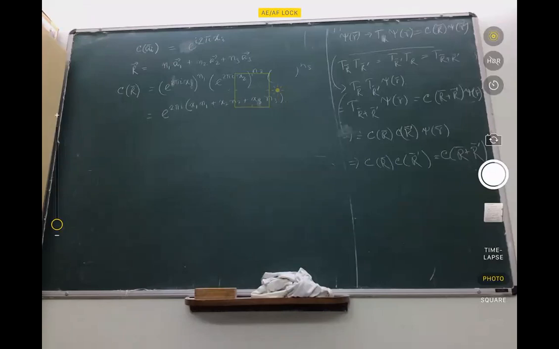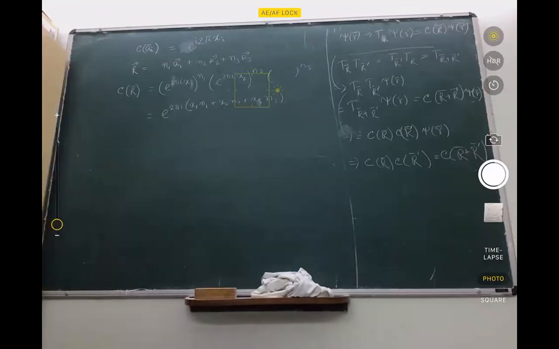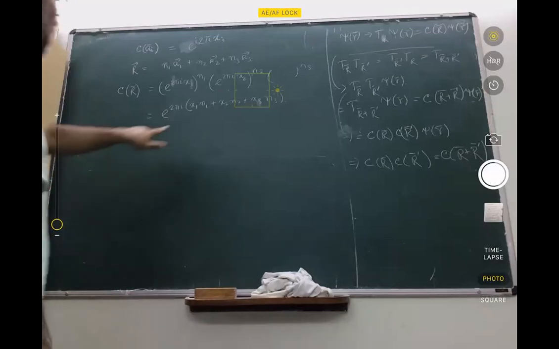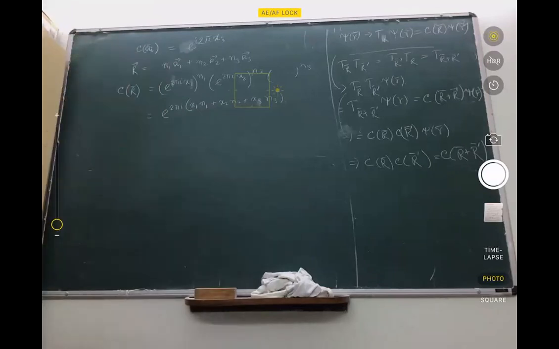Now what we do is we bring in the periodic boundary condition, that we have some N1, N2, N3, some combination of N1, N2, and N3, so that this thing is a real integer.